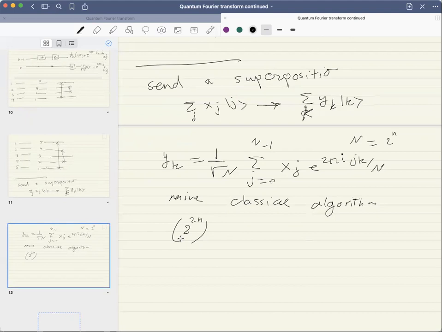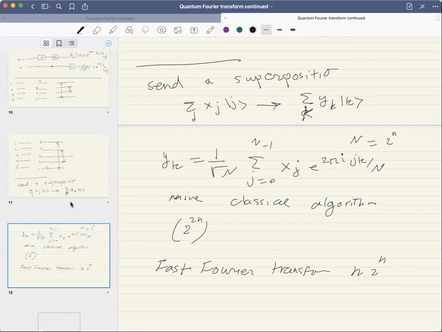This is actually not the best classical algorithm. There is a faster algorithm known as the fast Fourier transform, which essentially uses a similar structure to what we showed for that tensor product. And that goes like n times 2 to the n. So still exponential.